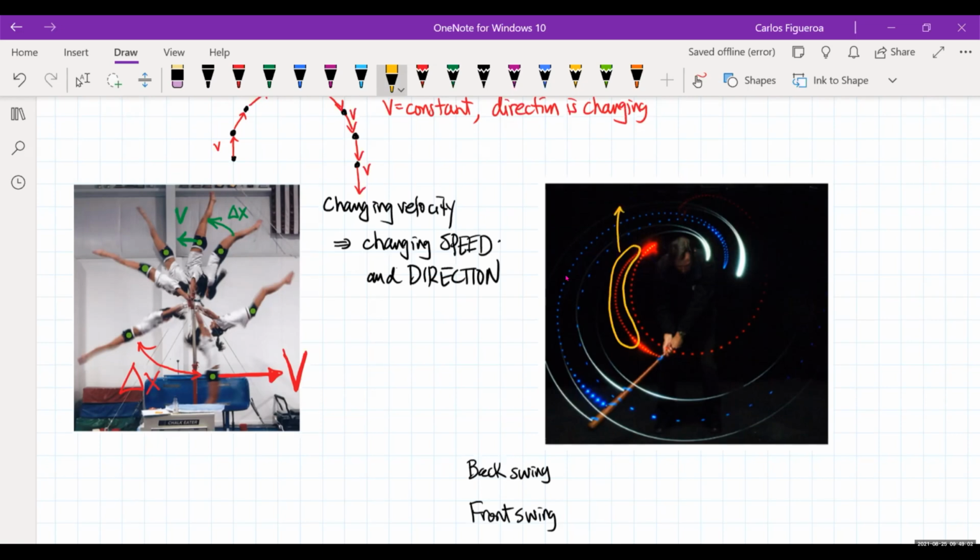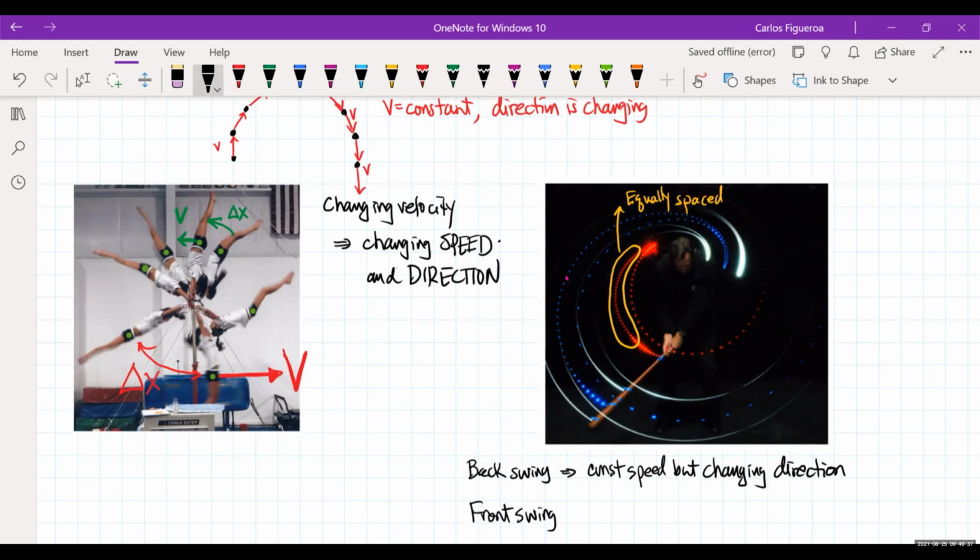These dots here are equally spaced. That means as the bat moves backwards for a period of time, it's moving at a fairly constant speed. So this is a constant speed, but changing direction.